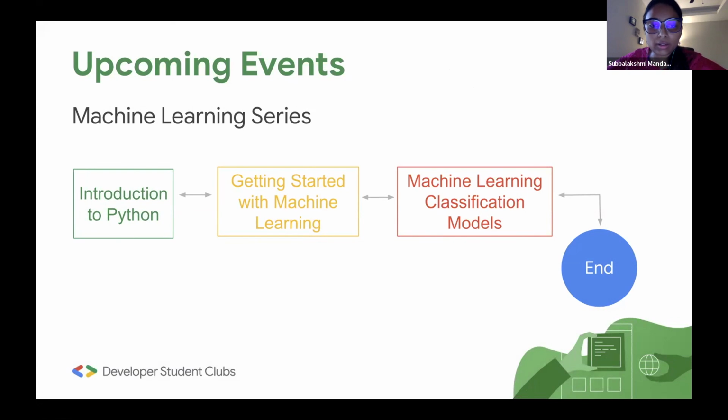The next workshop in the series is getting started with machine learning, next week on Friday. Then in the third, we are going to discuss a single machine learning algorithm and do a project in it, start to finish, from the basics all the way to the finished project.